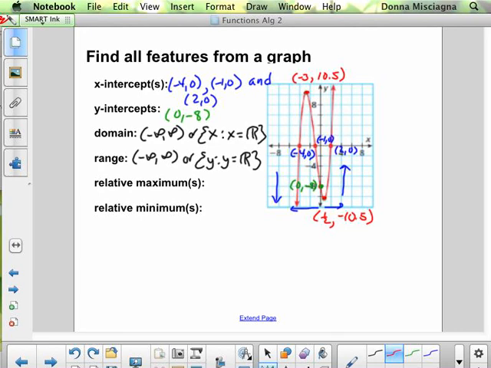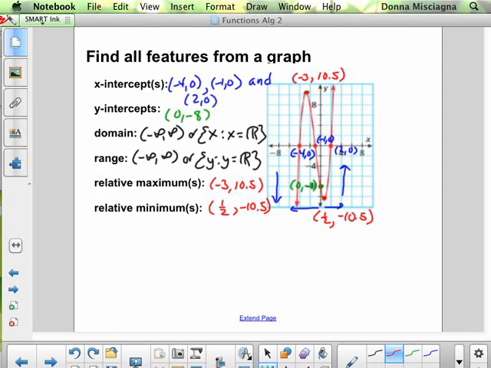All right, sometimes you have to approximate. If your approximation is reasonable, it's fine. That's reasonable from what we can see on the graph. So we have a relative maximum at -3, 10.5, and a relative minimum at 1/2, or 0.5 if you prefer, -10.5. Of course, I could have written that -10.5 as -21 halves.